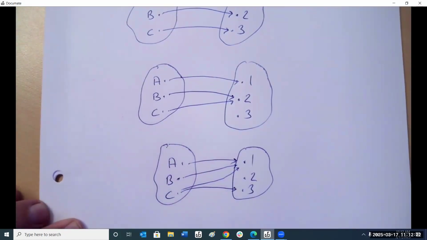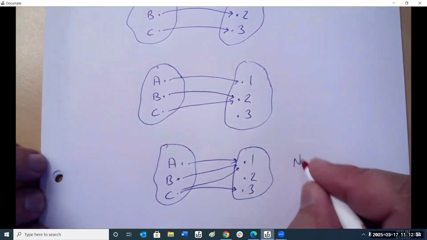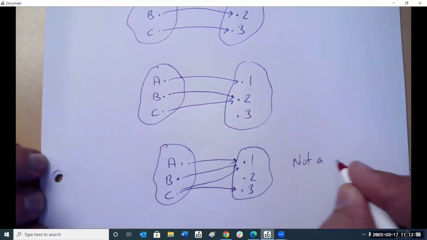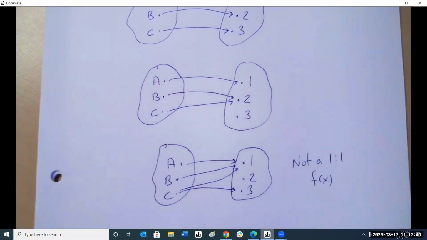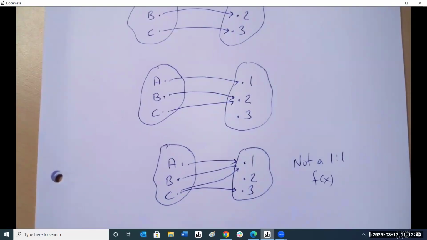Is that a one-to-one? Why not? Right. Because C sends the same letter to two different people. You can't do that. Not a one-to-one function. Pretty straightforward.